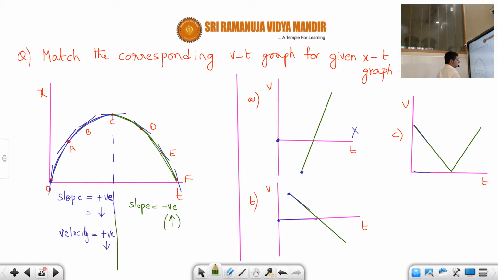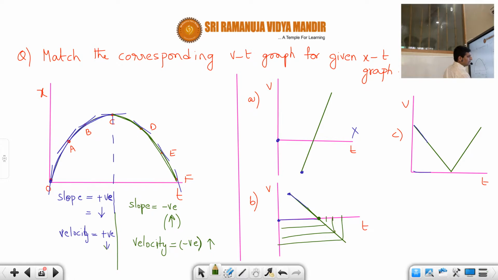So that means during the C to F region, the velocity, because the slope of the xt graph is nothing but called velocity, must be negative and also should increase. Okay, so now you can tell whether option B or option C is correct. In option B, here it is 0, and then afterwards, as time increases, velocity is becoming negative, correct or not?